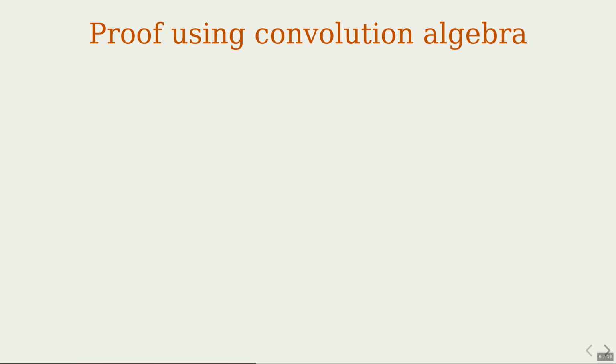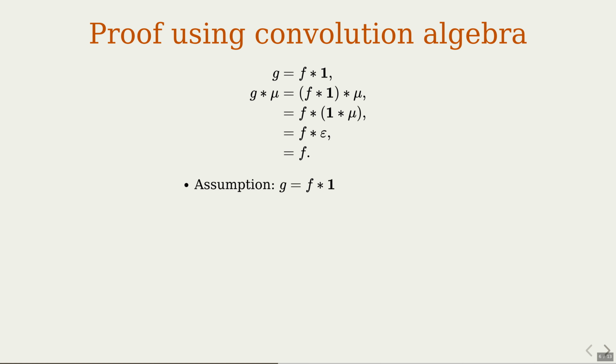We will prove Möbius inversion by treating everything as an equation of functions under convolution. Start from the relation that g is f convolved with the constant 1 function, then convolve both sides with mu and use associativity to group 1 and mu, which we know gives epsilon, leaving us with f. The hypothesis that g is the divisor sum of f is exactly the statement that g equals f convolved with 1.